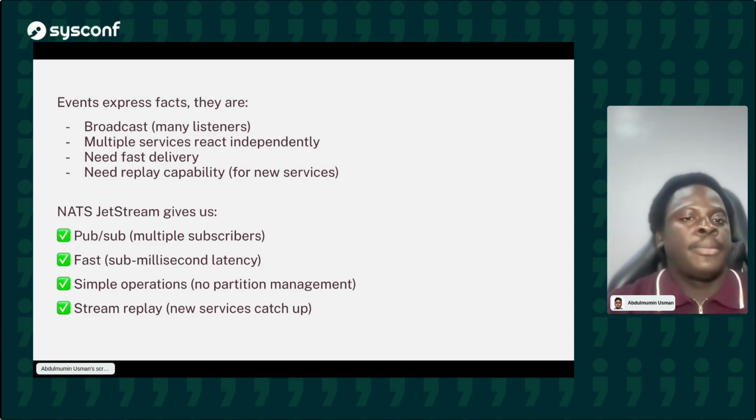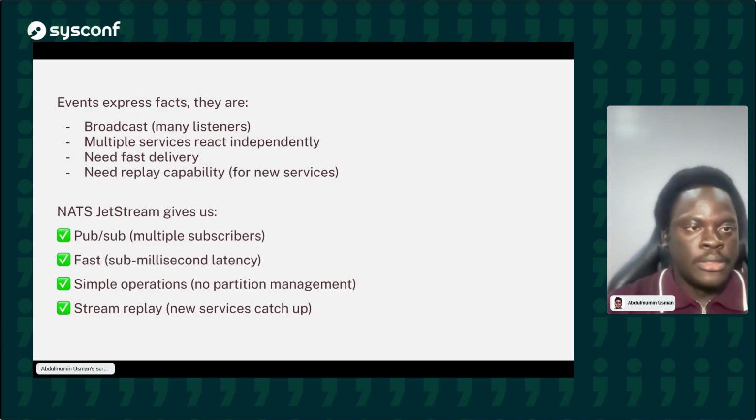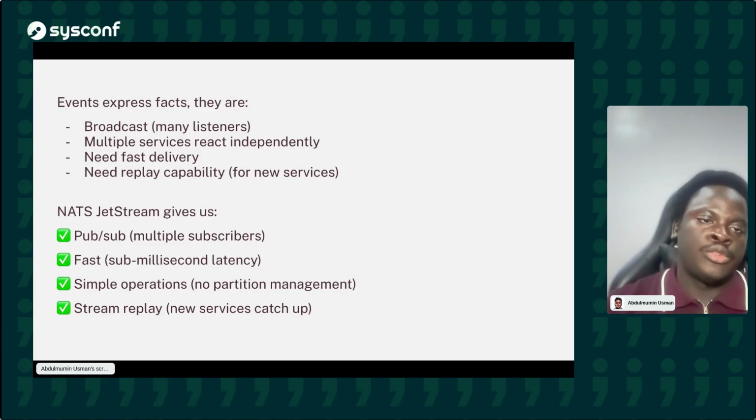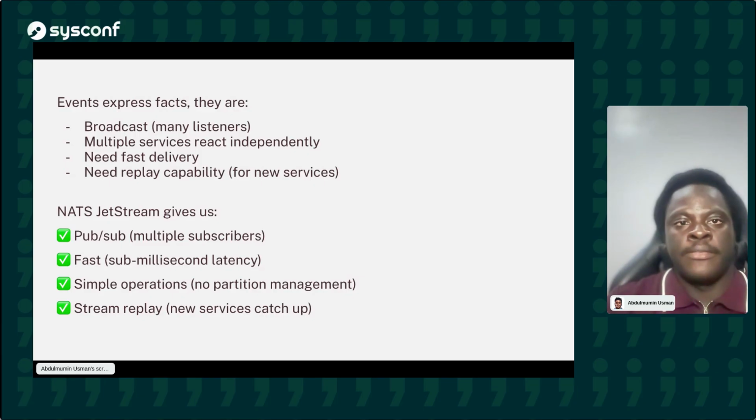You don't have to deal with partition management, as opposed to using something like Kafka. Then you can also replay a stream, which is the JetStream part of NATS that I mentioned. That's just the persistence layer on top of NATS.